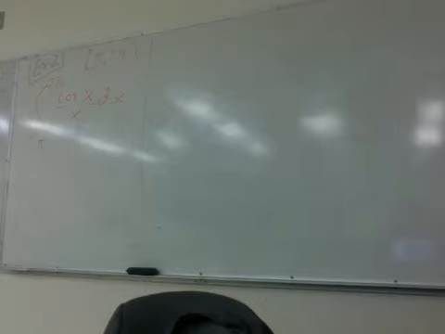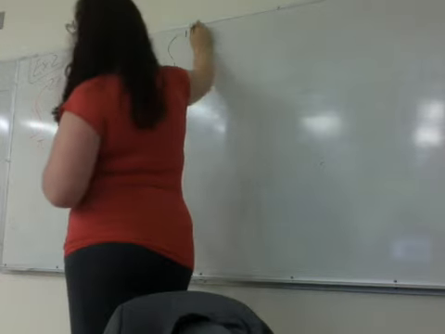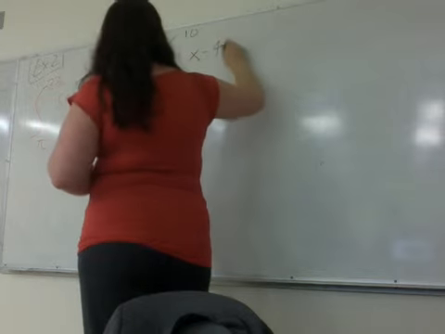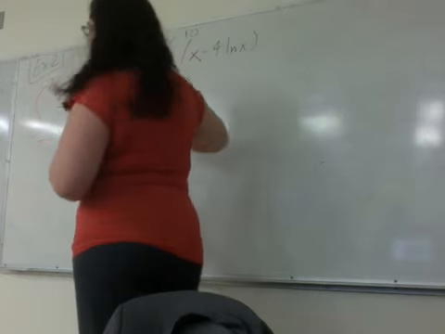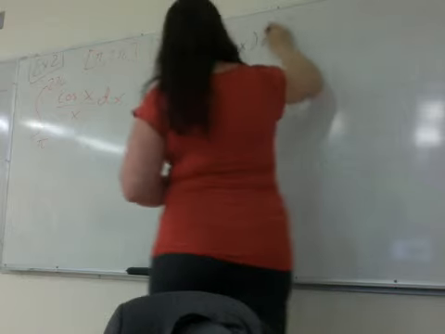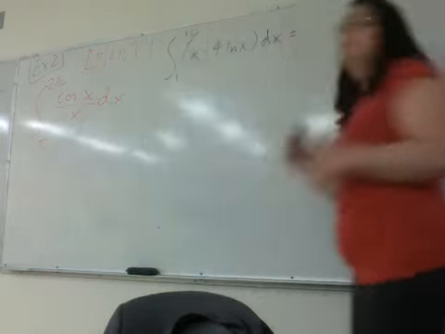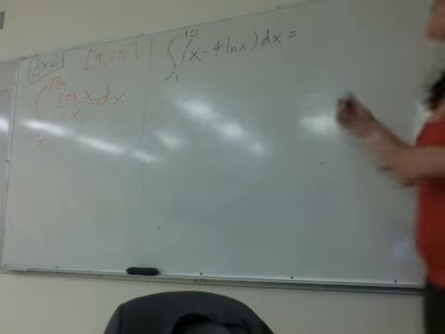So here we have the integral from 1 to 10 of x minus 4 ln x dx. And we're going to try to express it as a limit of Riemann sums.